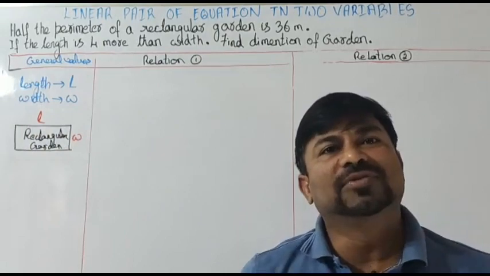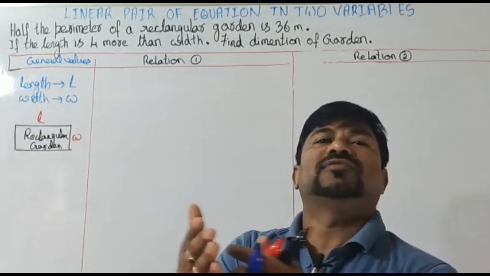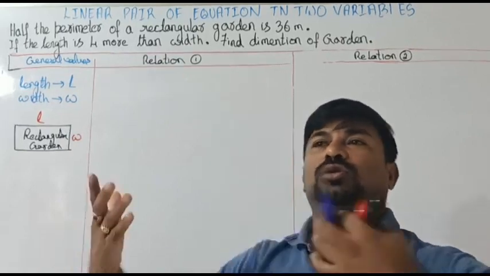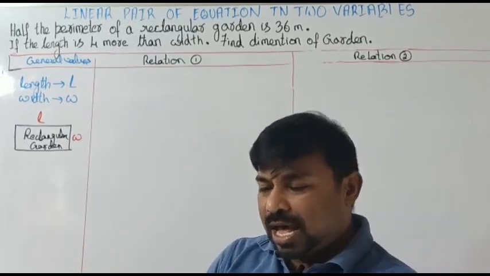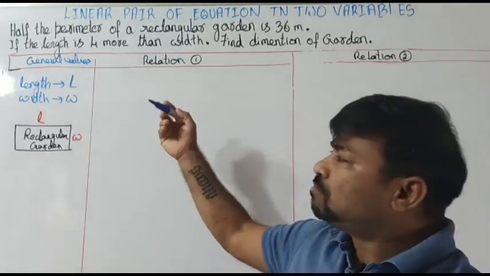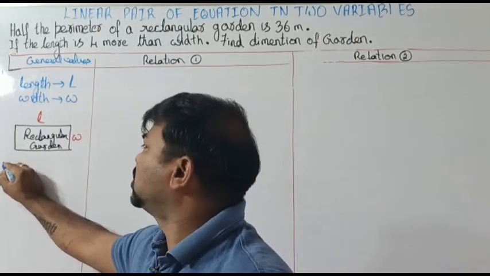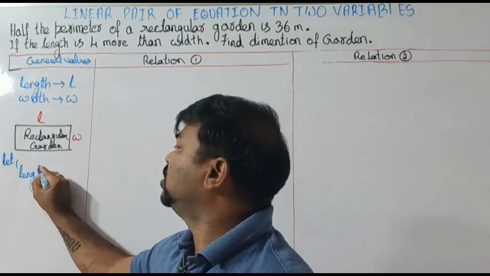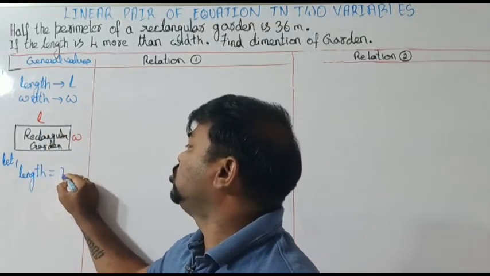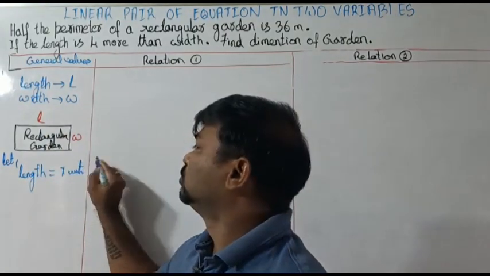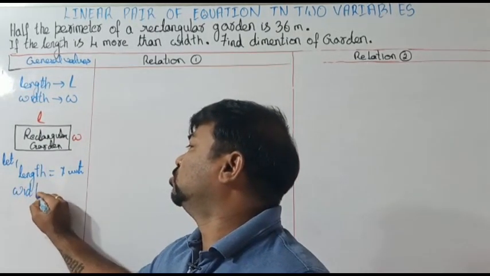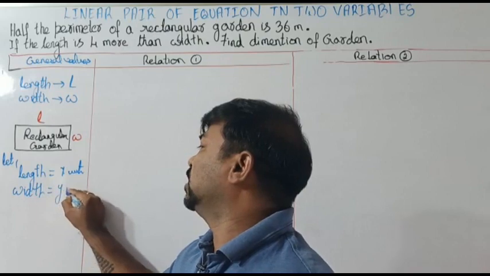So when we are dealing with the question, we take: let the length of the rectangle be L, let the width be W. Now I'm taking the measurements. Let the length I like to relate to x units. Now the width I like to relate to y units.